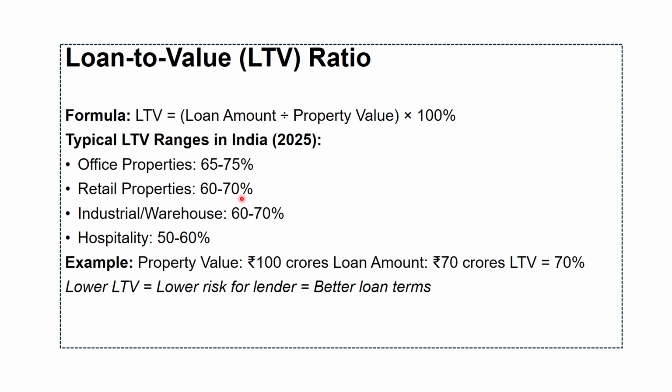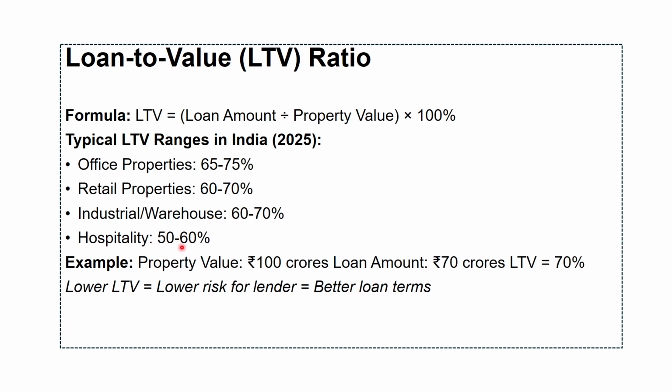We have understood why that is the case. Office properties get around 65 to 75%, retail properties around 60 to 70%, and industrial in the range of 60 to 70%. Hospitality is 50 to 60% due to the volatility of that area.